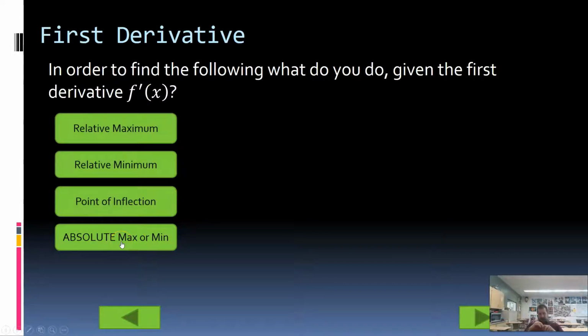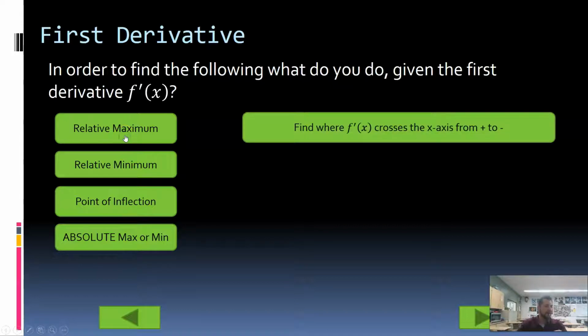Now, what we have to realize is if they ask you to find any of these things, a relative maximum, a relative minimum, a point of inflection, or an absolute max or min, that is not asking you to just look at the graph and say what's the highest point and what's the lowest point. They will be asking things about the original function based on the fact that we have the first derivative.